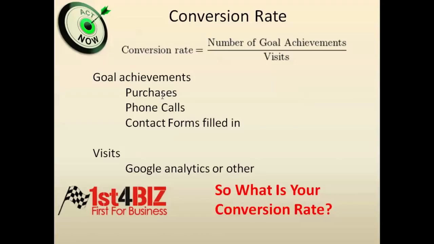There's a lot of assumptions in that, but it's an important thing to measure. The other aspect is how many visit your page or your website, and Google Analytics will give that for you. So the important thing is to understand what is your conversion rate if you don't know it today.